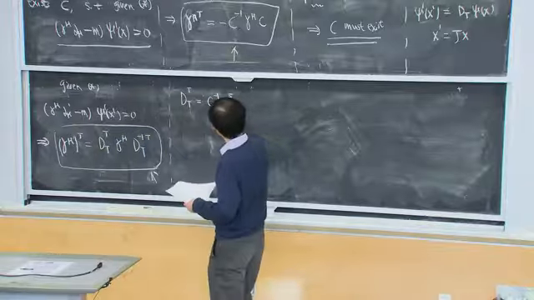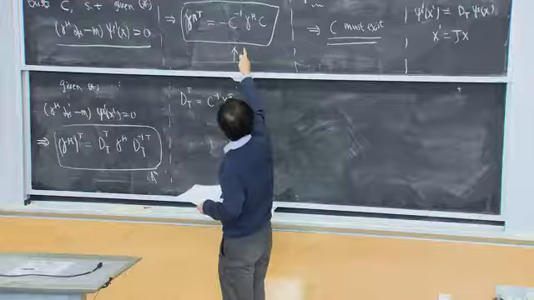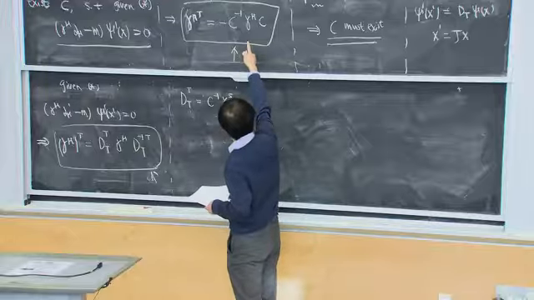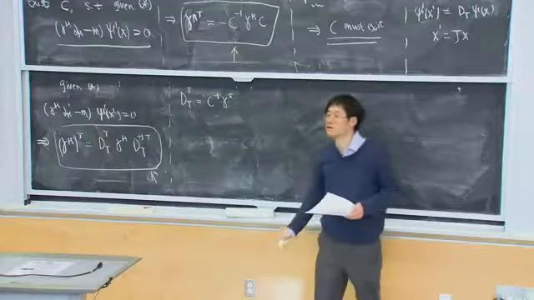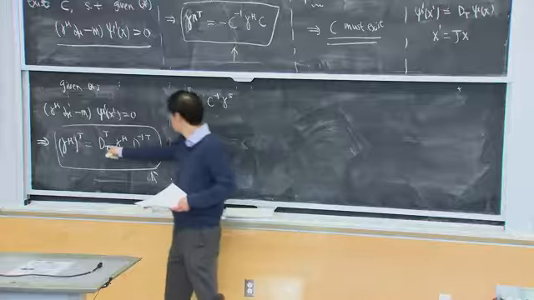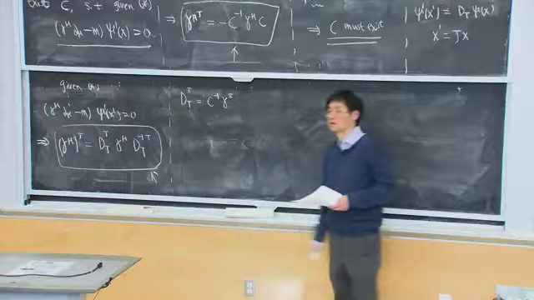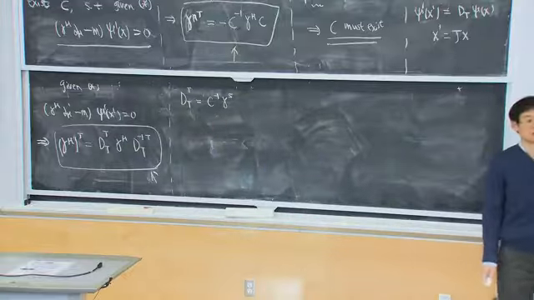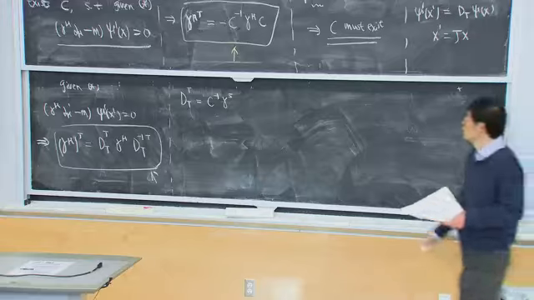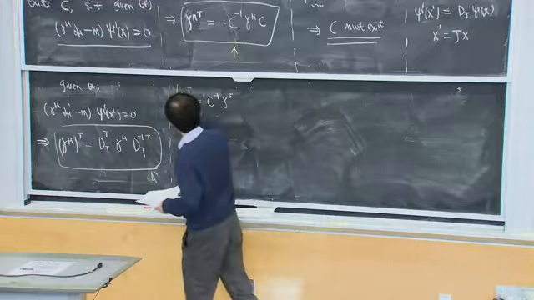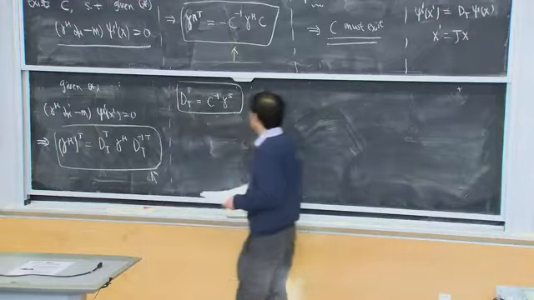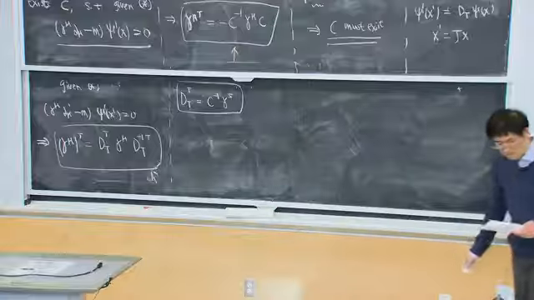The gamma phi will generate this minus sign when you commute with gamma mu, and that accounts for the actual minus sign. So if you know C, then you also know this time translation symmetry matrix.